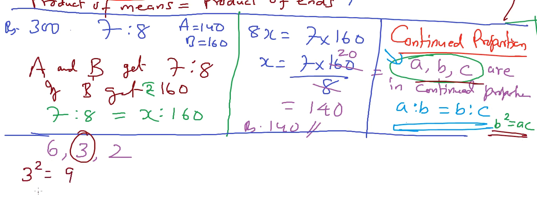The product of the other two is 6 into 2, 18. They are not equal, because 9 is not equal to 18. Therefore these three do not form a continued proportion, or we can say they are not in continued proportion.